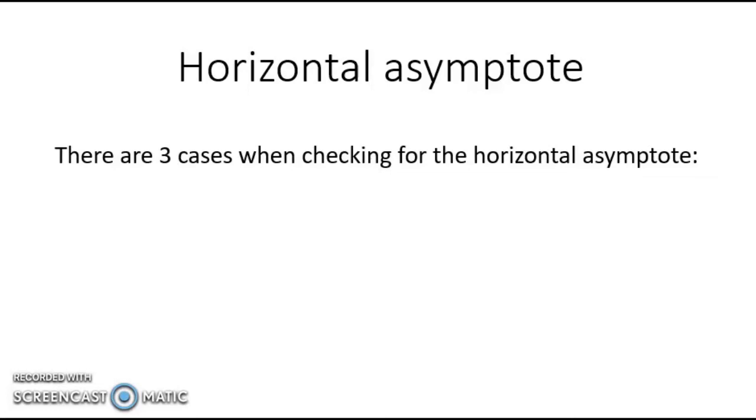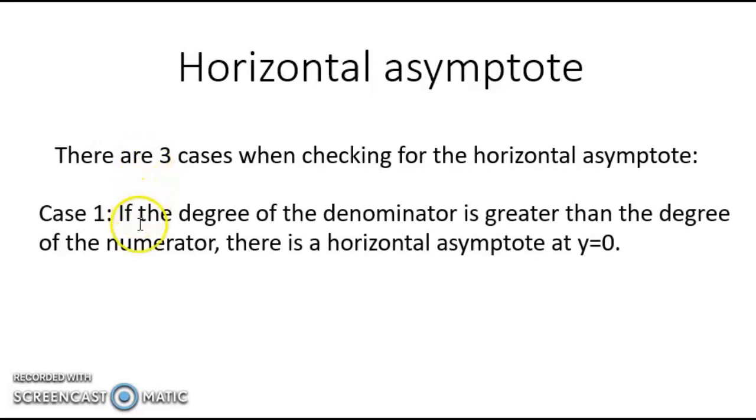So, we have case 1. If the degree of the denominator is greater than the degree of the numerator, there is a horizontal asymptote at y equals 0. Example, f of x equals (4x plus 2) over (x squared plus 4x minus 5).